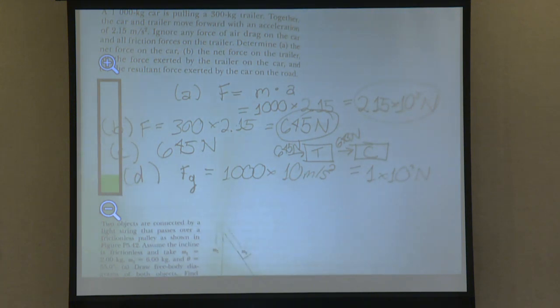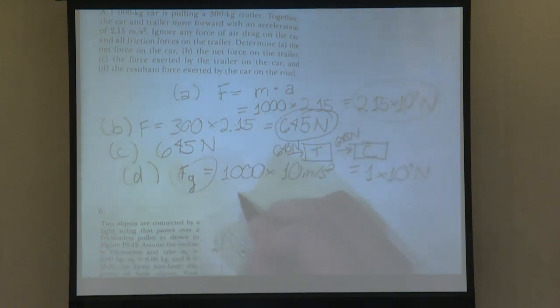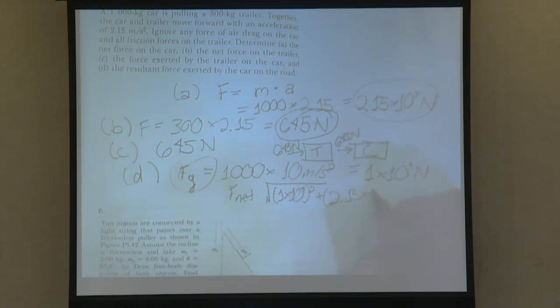Okay. And so our net force is going to be a combination of both the force of gravity and also the 2.15 that was already on the car. So then our net force is going to be the square root of 1 times 10 to the fourth squared plus 2.15 times 10 to the third, or sorry, 10 to the third squared.